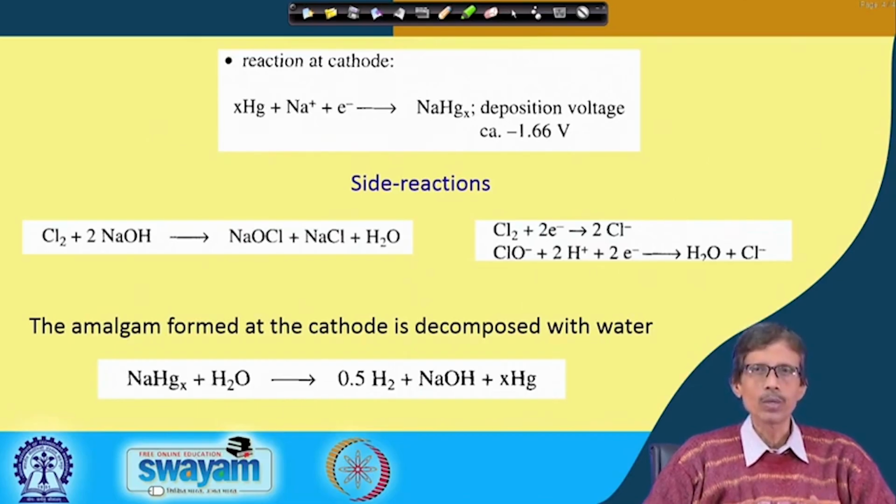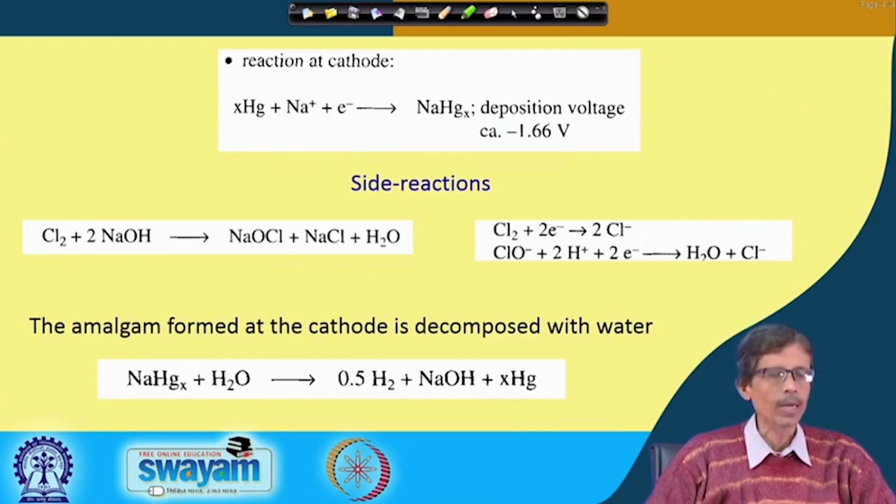Similarly, if you judiciously allow the reaction of your sodium amalgam with water, you will immediately get products, which give your mercury back. That means free mercury will be produced along with hydrogen as well as sodium hydroxide for your chloralkali electrolysis process.